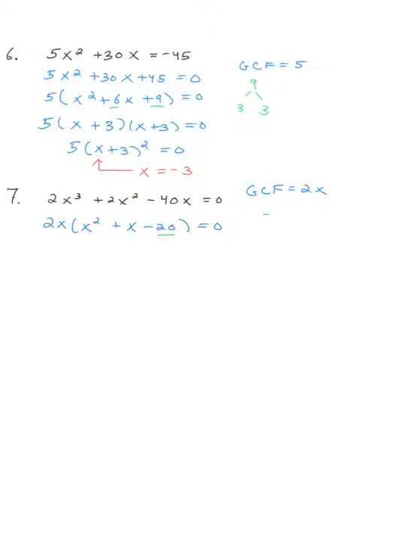Things that multiply to negative 20 yet add to a 1 would have to be a positive 5 and a negative 4. This factors as 2x times x plus 5 times x minus 4. There are three numbers that make this equation 0. X equals 0, x is equal to negative 5, and x is equal to positive 4.